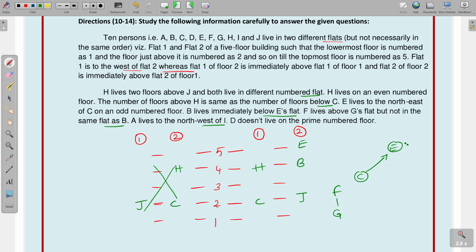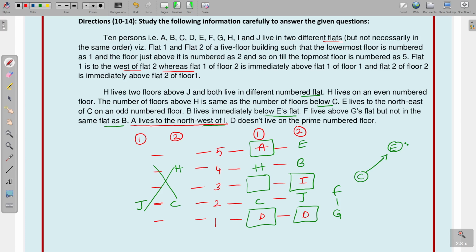So, here 2 is a prime number, 3 is a prime number, and 5 is a prime number. So the places we are left with are only these: 1, 2, 3, 4 and 5. So D cannot be here, cannot be here, cannot be here. Either D is placed here or here, and also A lives to the northwest of I. So if I is placed here, A is placed here.